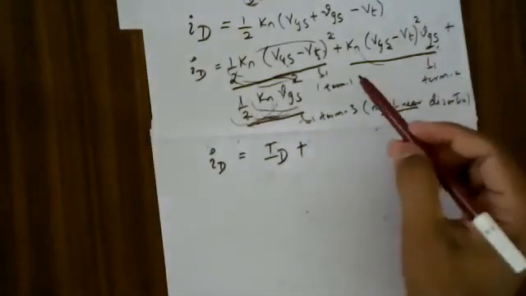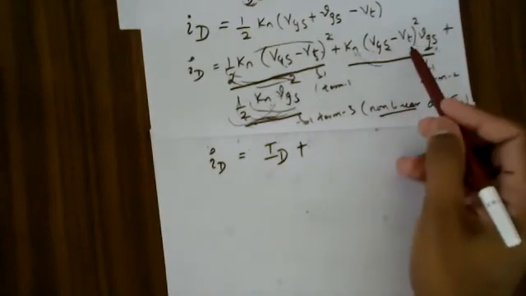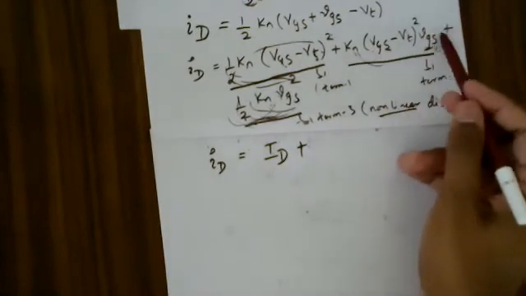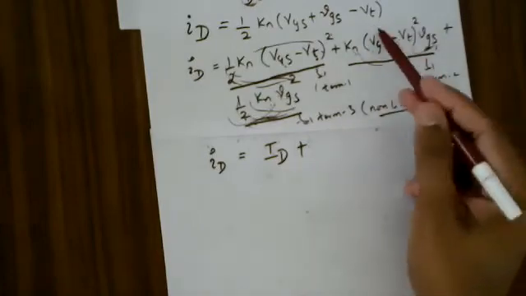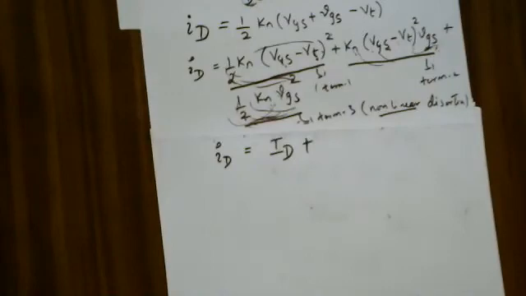Now, if I take the next term, what is this term indicating? Here, Kn into VGS minus Vt whole square into vgs. What is the second term indicating? Please answer me in the group chat.